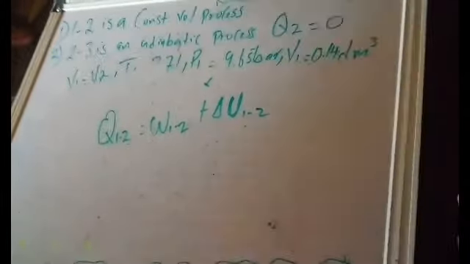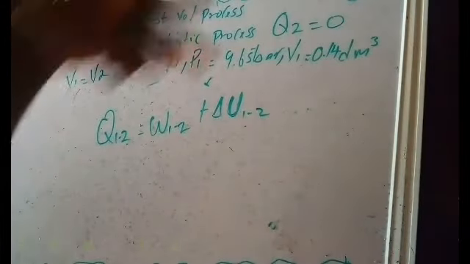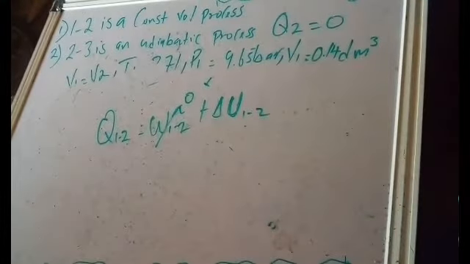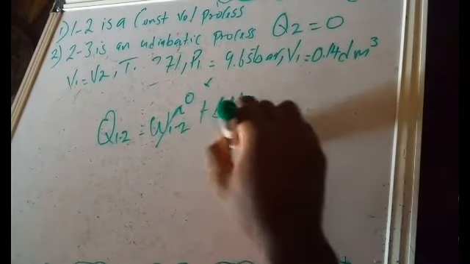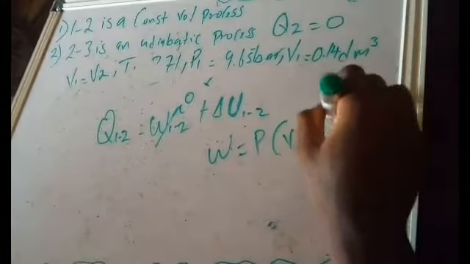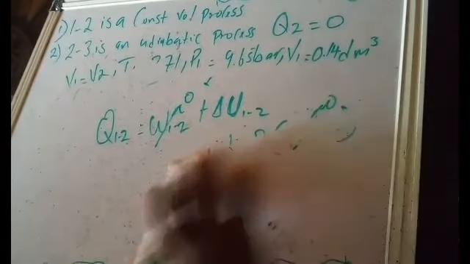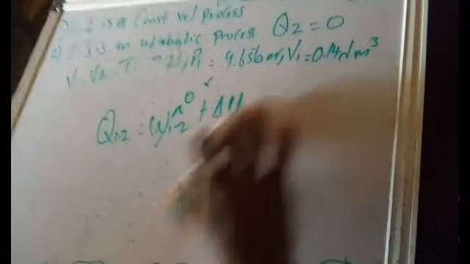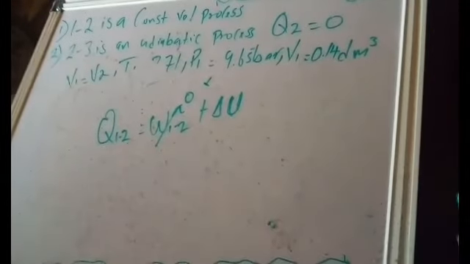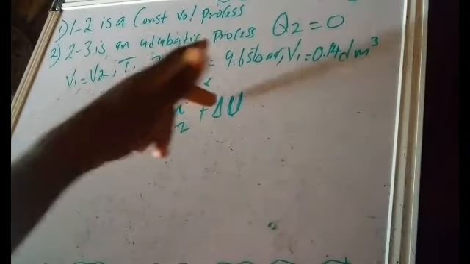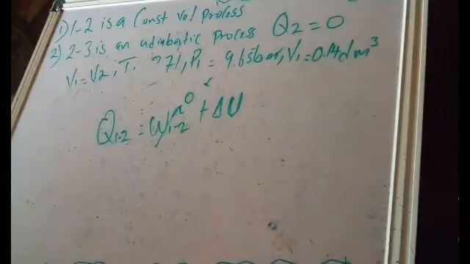And remember we said process 1 to 2 is a constant volume process. That means this work done will be equal to 0, because when V1 equals V2, our work done is 0. So our heat from process 1 to 2, what we're about to get now, is going to be equal to the change in internal energy.